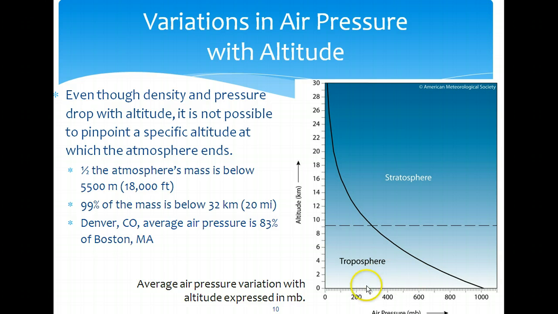In the lower troposphere, air pressure usually drops by roughly 1 millibar for every 10 meters, or about 30 feet, of ascent. However, as we'll see in a few minutes, the actual rate depends upon the air temperature and also the humidity of that particular mass.